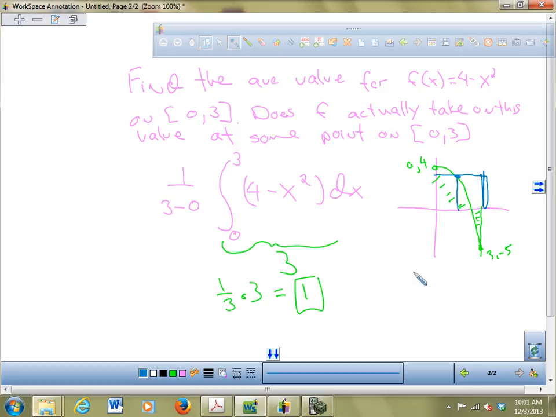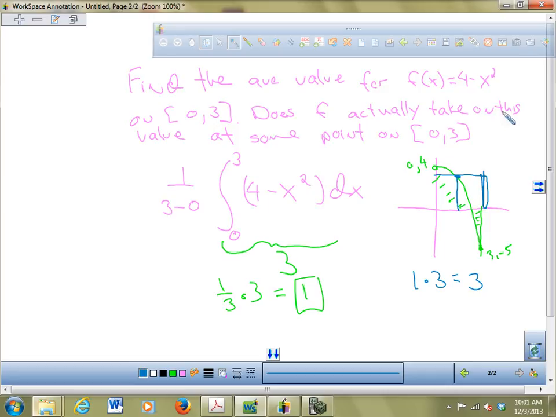Because what's 1 times 3? 3. Follow that? So the average value is 1. The value of the integral is 3, so you have to divide by the width of the interval.